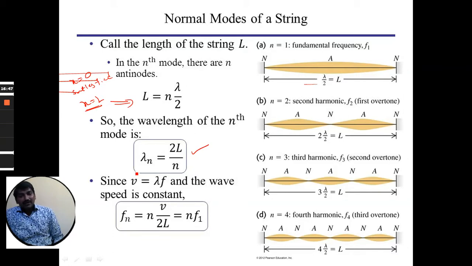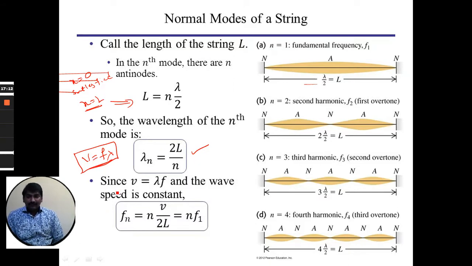Here n is the number of waves, or the number of nodes if you take that. Now from the wavelength we can easily find the frequency, because we know v equal to n into lambda, or f into lambda, or nu into lambda. This is the basic standard relation between frequency and wavelength.